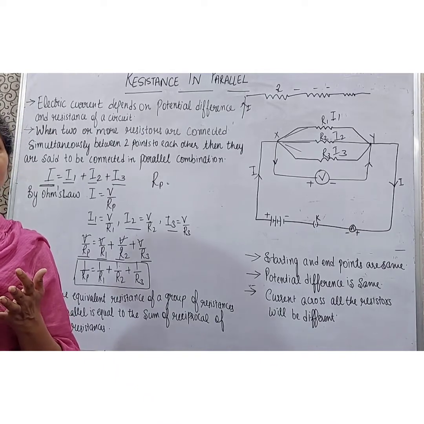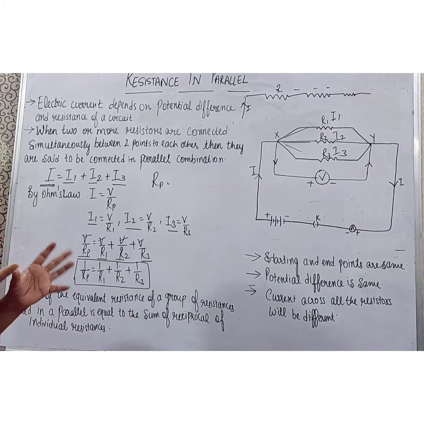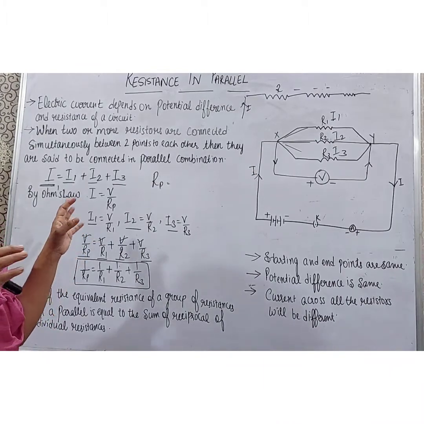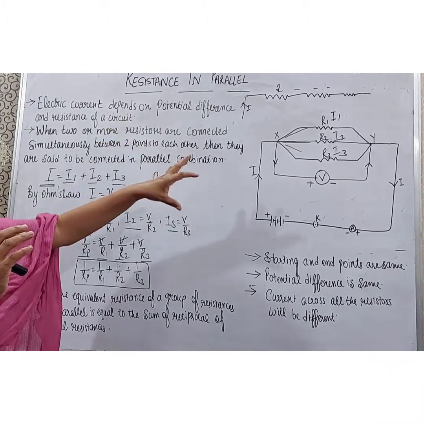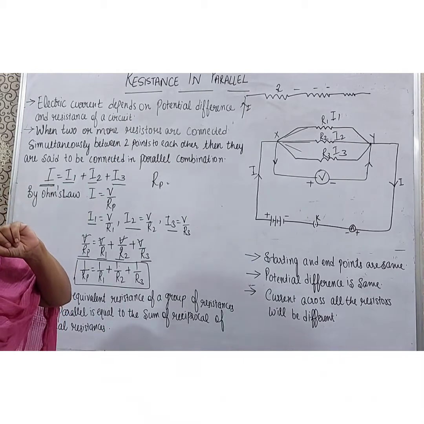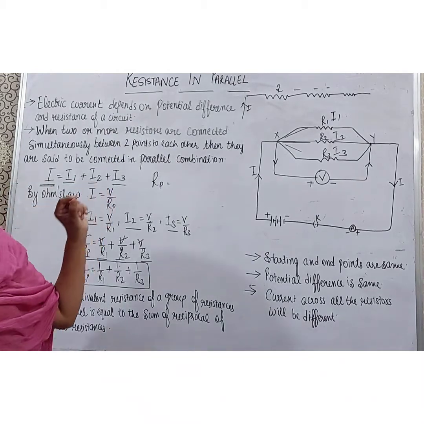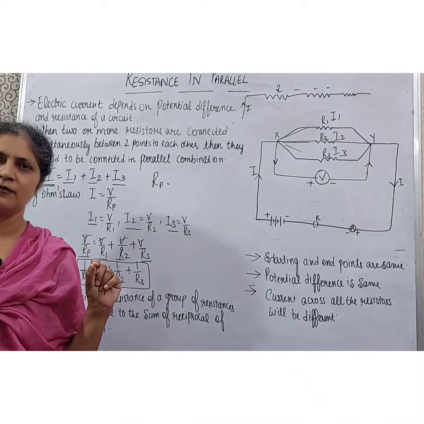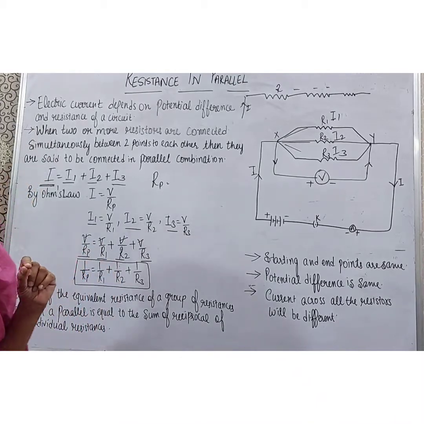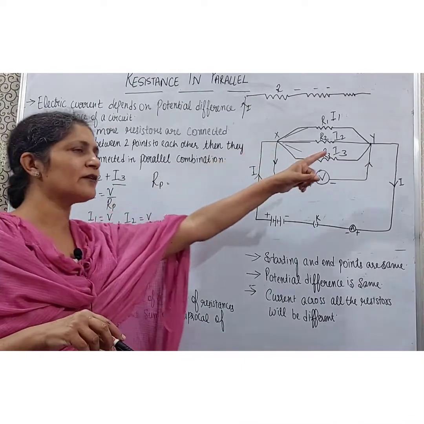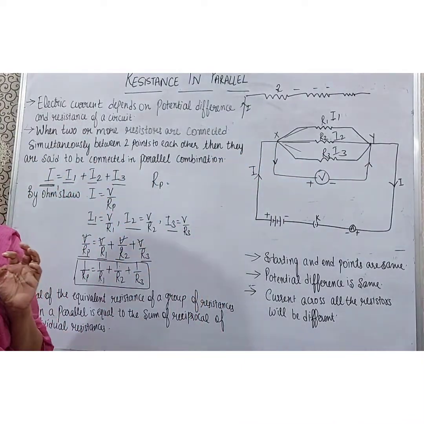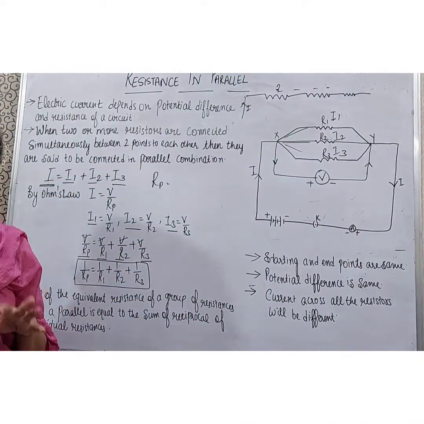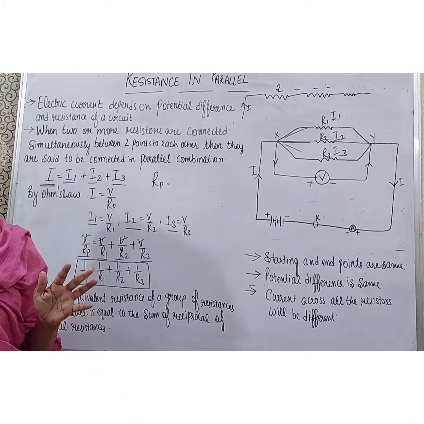But when we join the resistors in parallel, the electric current is different for all the resistors, but the potential difference remains the same, because the starting and the end point of all the resistors remain the same. So, that's all for today's lecture on resistance in parallel.